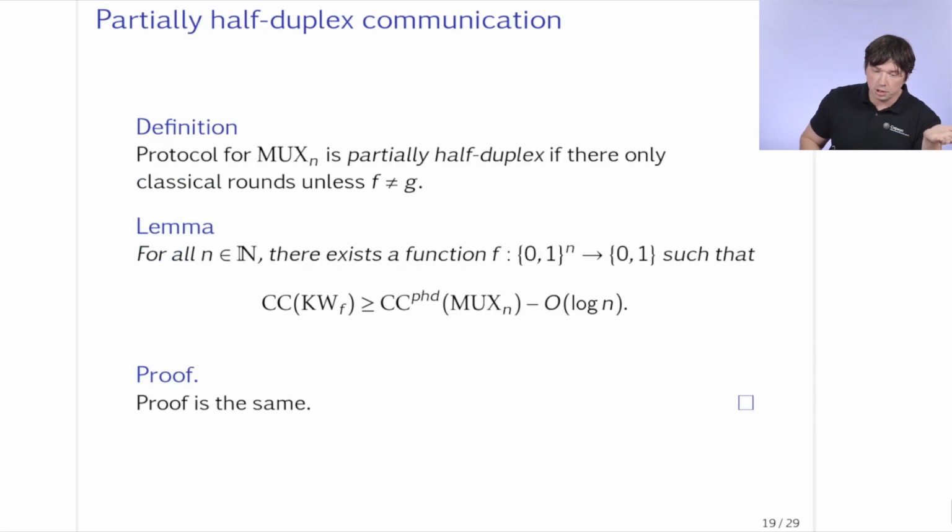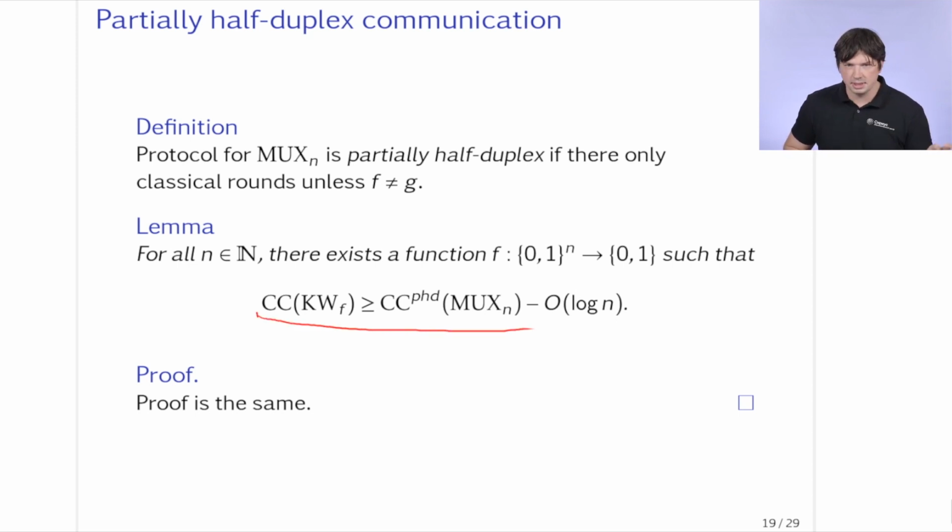So then you have this partially half-duplex model, which is just another spin on the same idea: it's half-duplex, but it only actually does something non-classical if f is not equal to g. Its model is specifically defined to work with multiplexers, so it only makes sense for them. And we have the same lemma, and the proof is absolutely the same. The only difference is that we can actually prove much better lower bounds for partially half-duplex models.